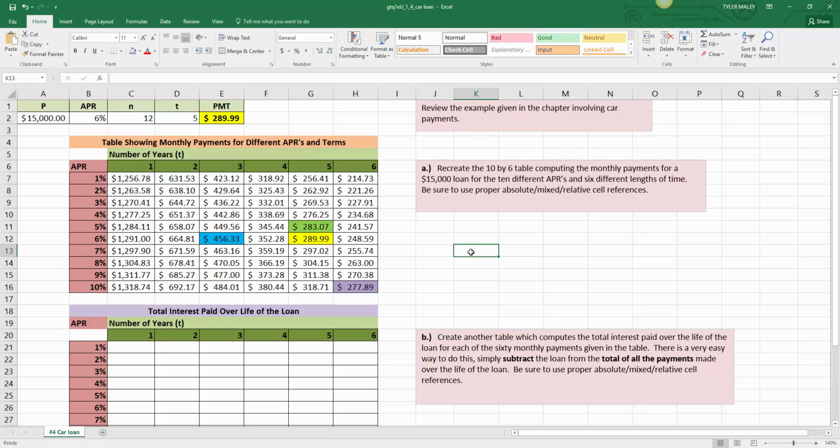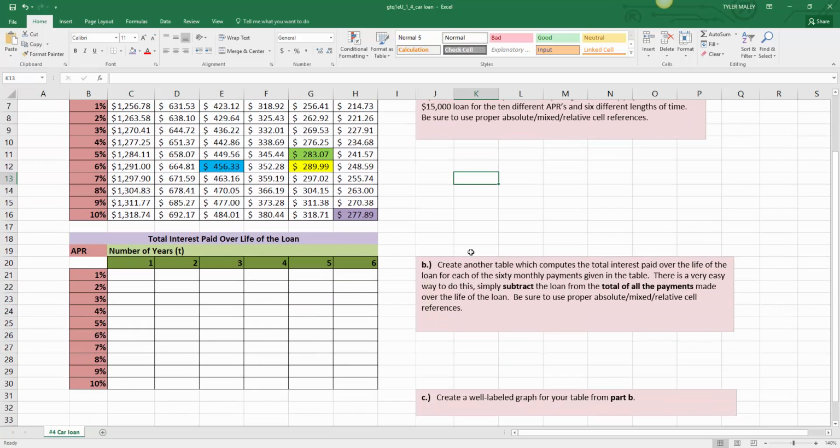Okay, so then part B is asking us to create another table which computes the total interest paid over the life of the loan for each of the 60 monthly payments given in the table. There is a very easy way to do this, right? It says simply subtract the loan from the table of all the payments made over the life of the loan, right? So be sure to use proper absolute, mixed, and relative cell references, right?